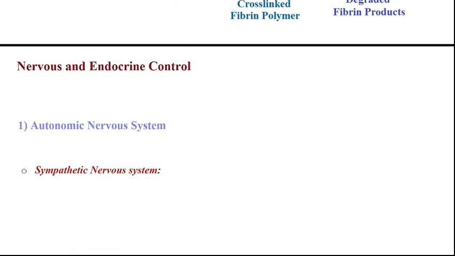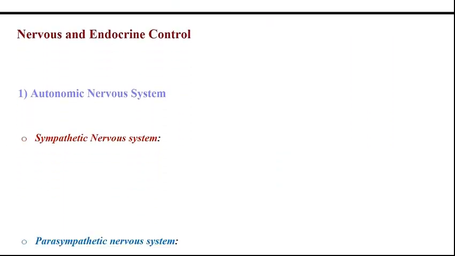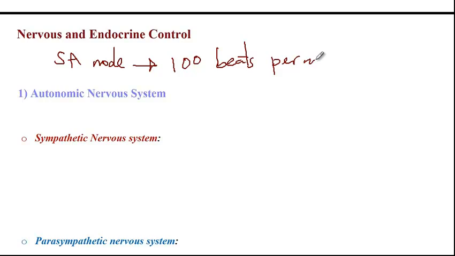The next topic is the nervous and endocrine control of the cardiovascular system. So we've just discussed that the heartbeats originate in the sinoatrial node, and that sinoatrial node is being affected by the autonomic nervous system. So basically, the sinoatrial node, in the absence of any extrinsic neuronal or endocrine control, has a rate of about 100 beats per minute.